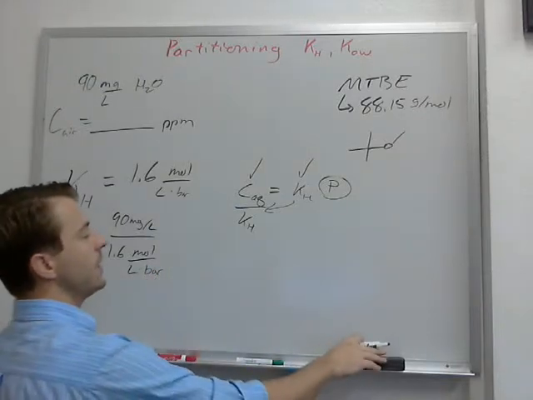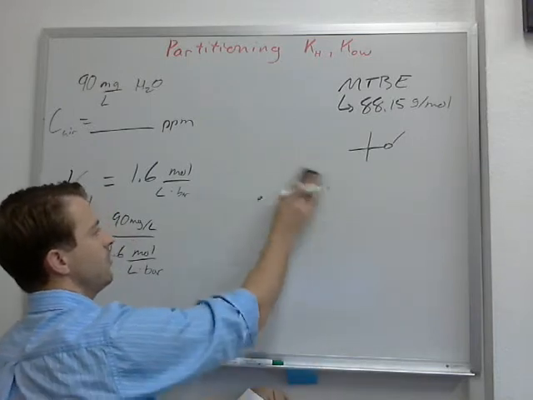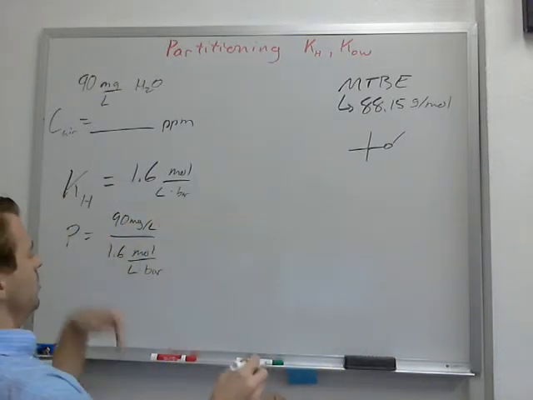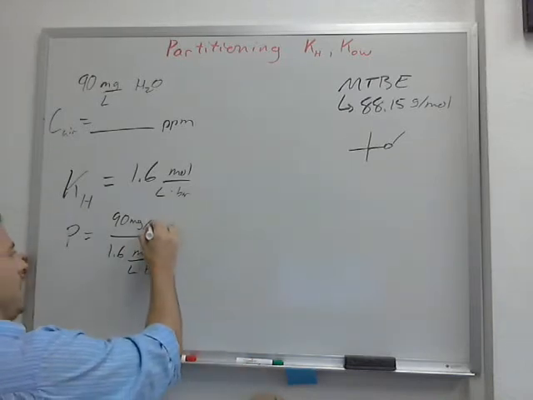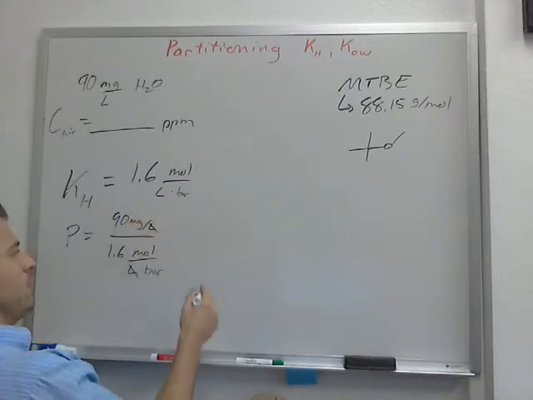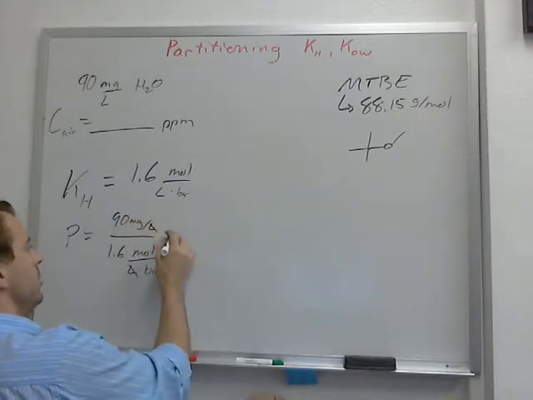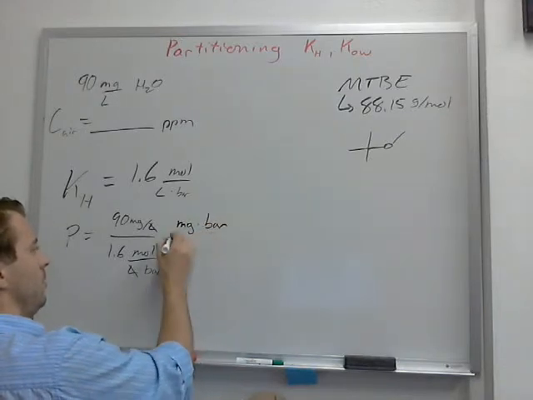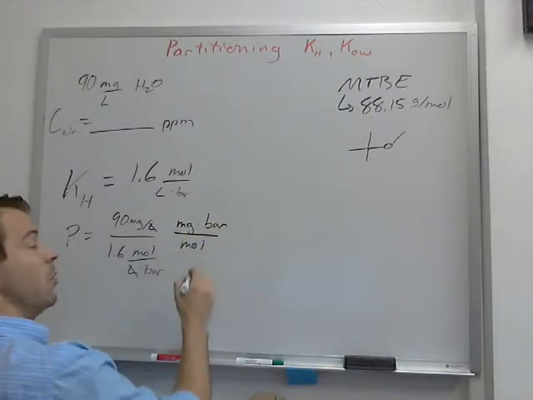I like to go ahead and get all my units in simplified form first. So these liters per bar move up, actually, we can go ahead and cancel our liters here. And we know that the bar is going to move up to our numerator. So our units will be milligrams bar per mole.